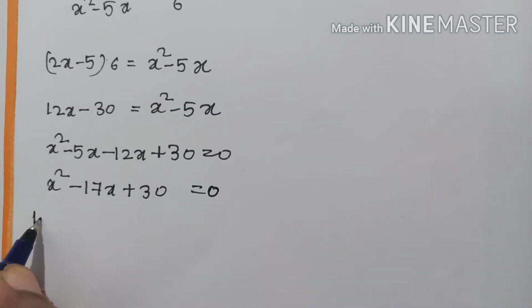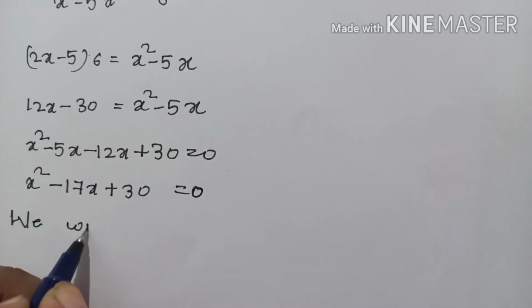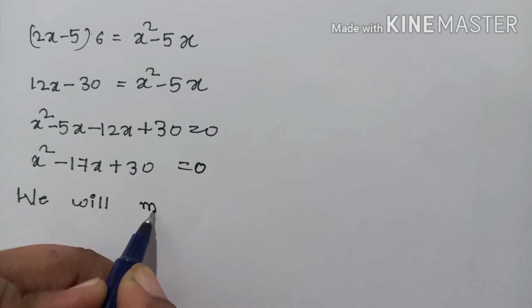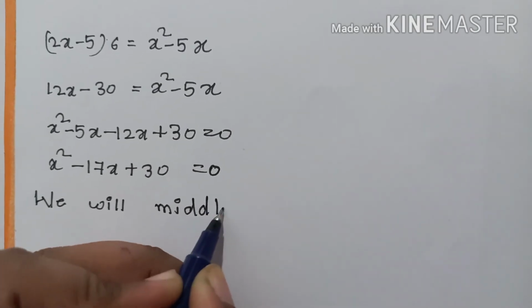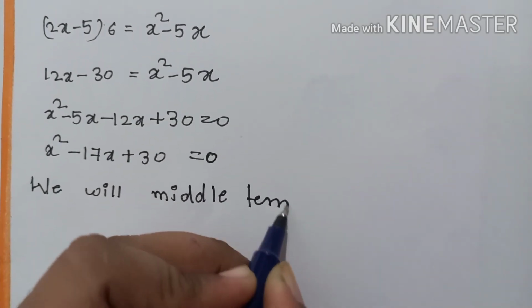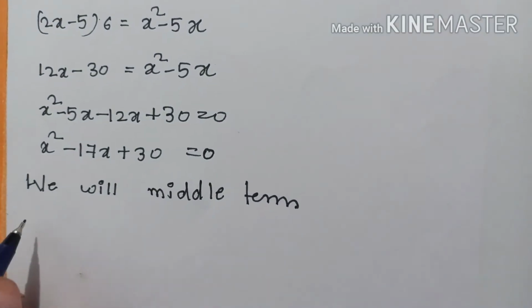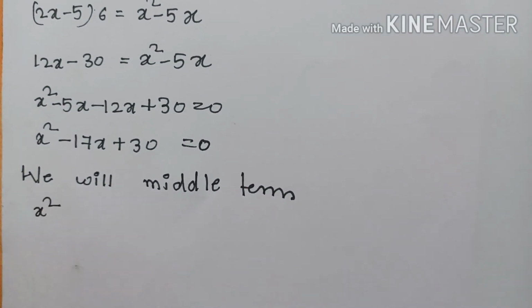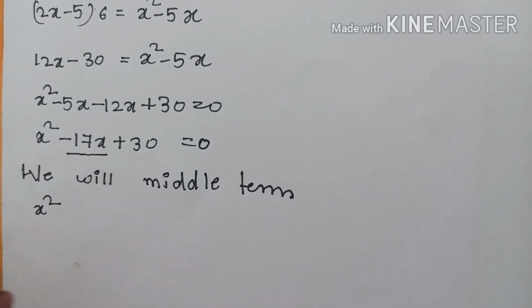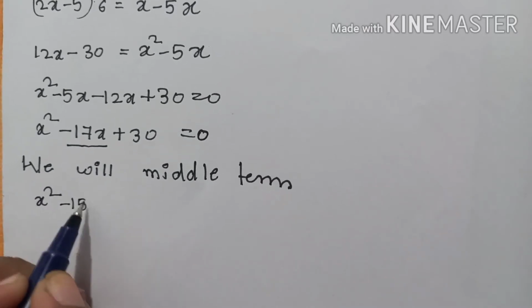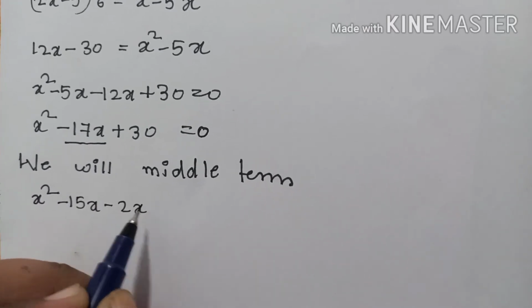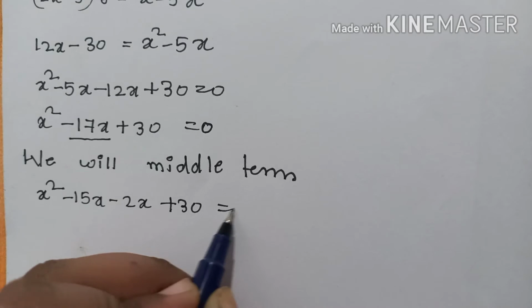Now we'll use the middle term splitting method, otherwise the usual formula. Now I am going to use middle term splitting. This minus 17x can be split as minus 15x minus 2x plus 30 equals 0.